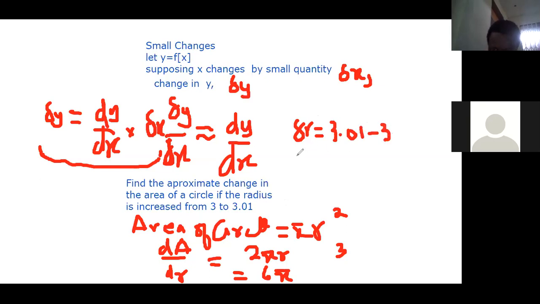What are you getting? That will be the smaller change in r, the change in radius. We are getting 0.01.